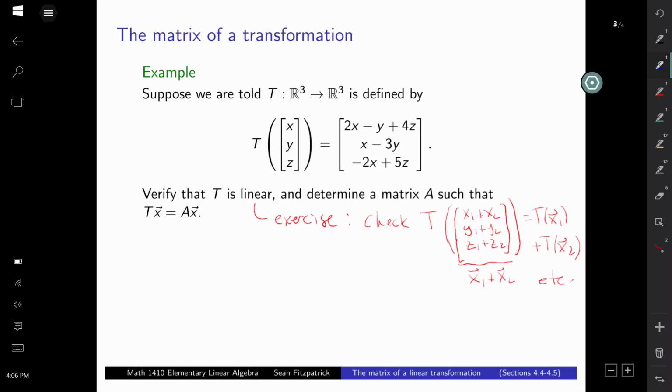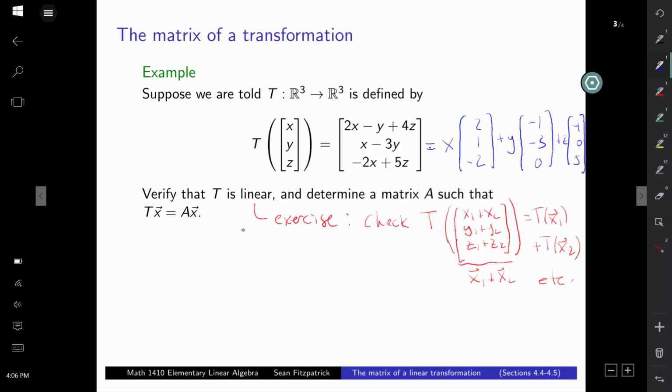Probably the easier way to check is to play a game similar to what we did with subspaces and say, well, I can write this as x times (2, 1, -2) plus y times (-1, -3, 0) plus z times (4, 0, 5), right?